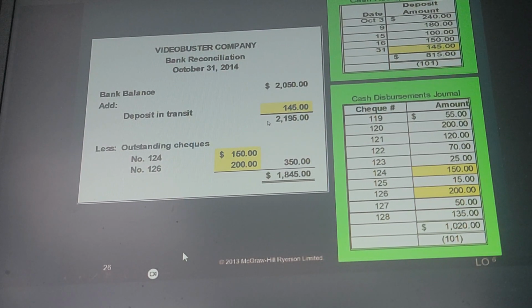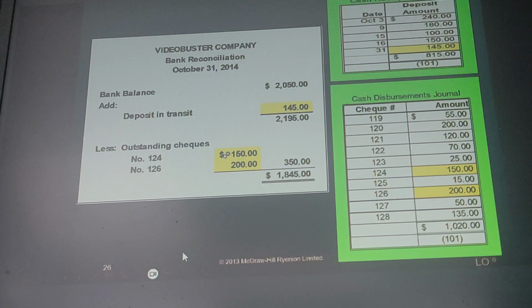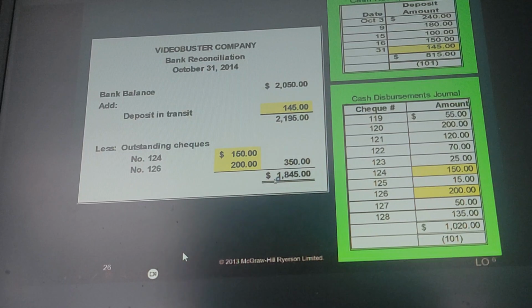I know that it should be there. And then outstanding checks. These checks, I issued them. These people didn't care to go and collect their 150 and 200. So I should take it off my balance in the bank. People will go and collect it, right? So I added this, became this much. I subtracted this, became what?